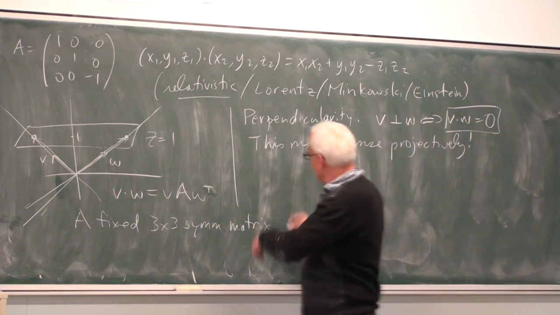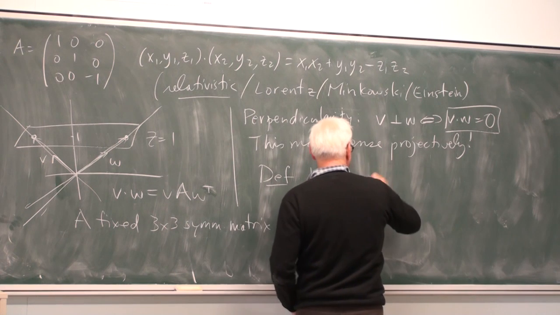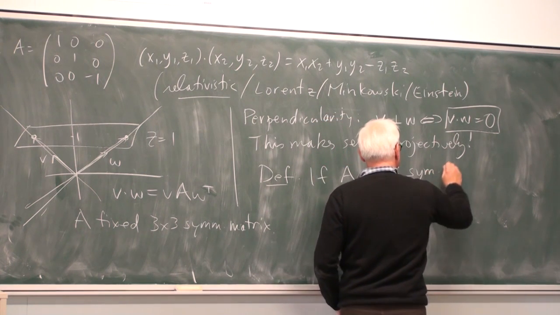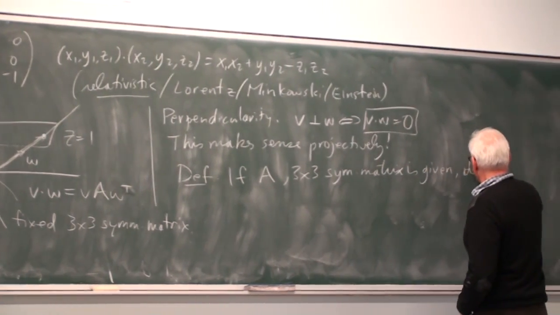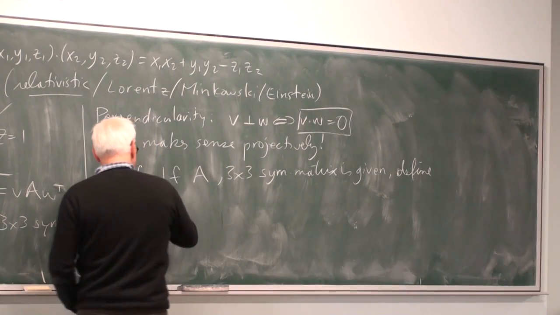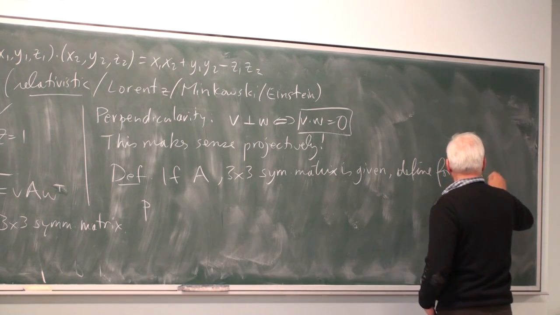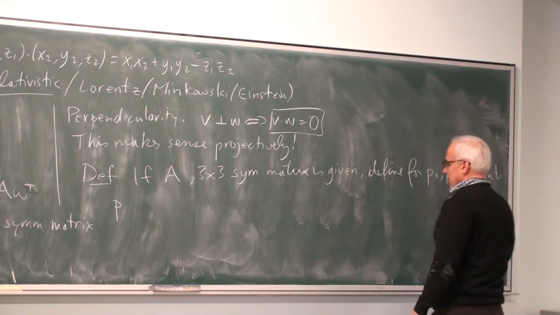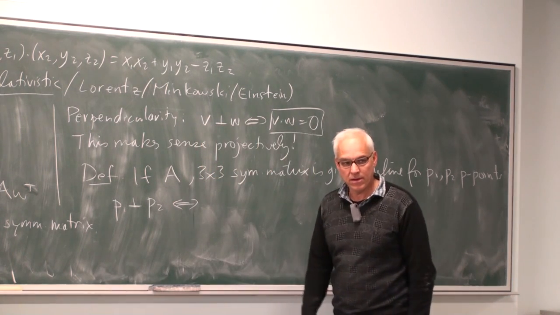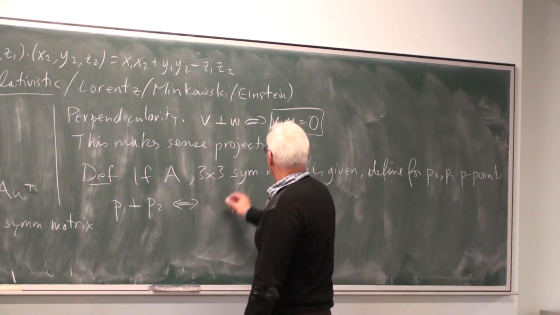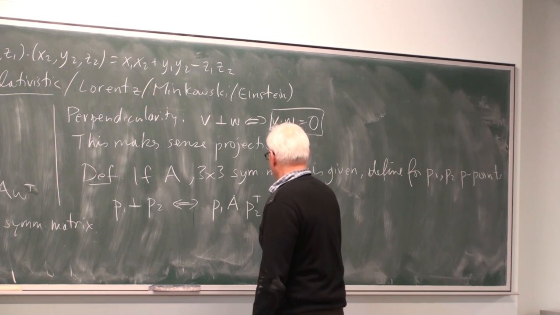So in other words, what we're going to do is, definition: if a 3 by 3 symmetric matrix A is given, we define, say for P1 and P2 projective points, we'll say that P1 is perpendicular to P2 precisely when P1 times A times P2 transpose equals 0.